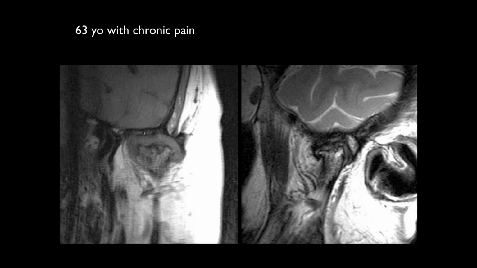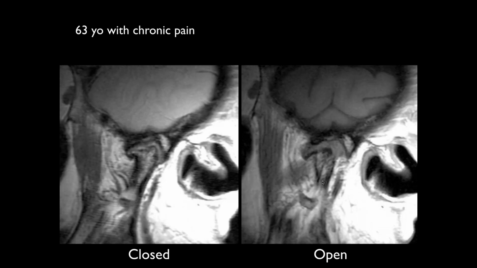Okay. Sam, what do you think of this one? A lot of irregularity of the head, a lot of joint space narrowing, a lot of soft tissue thickening, at least in the picture on our left. The one on the right is a sagittal? Sagittal T2. I think there's anterior dislocation of the disc.